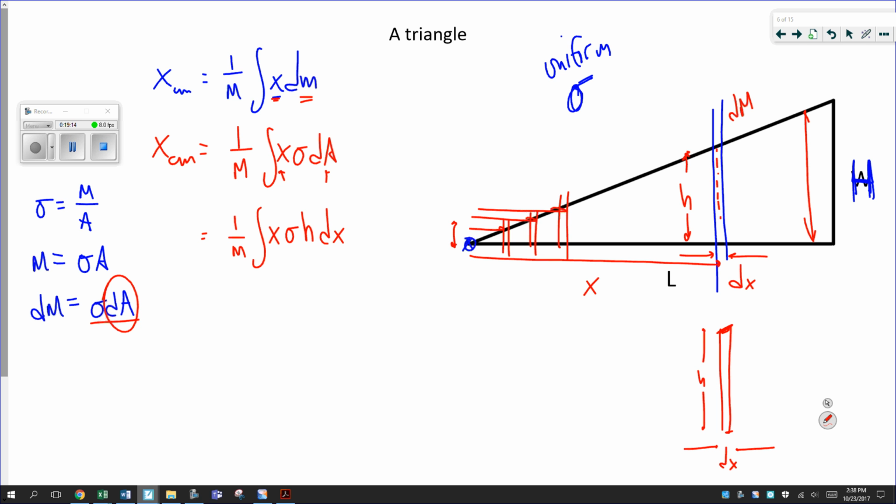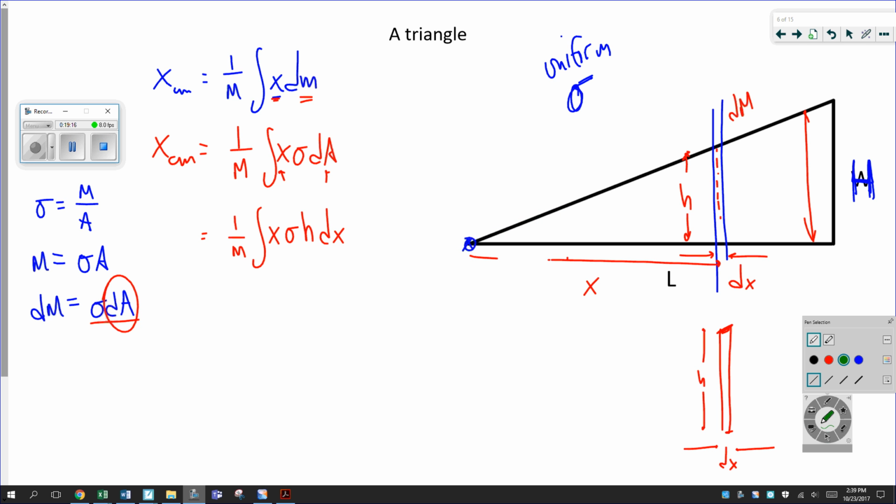And let me clean up a little bit here. We can identify a couple of similar triangles. Here's one, the one that has the thing we want, and it looks like this. And then there's the whole triangle.